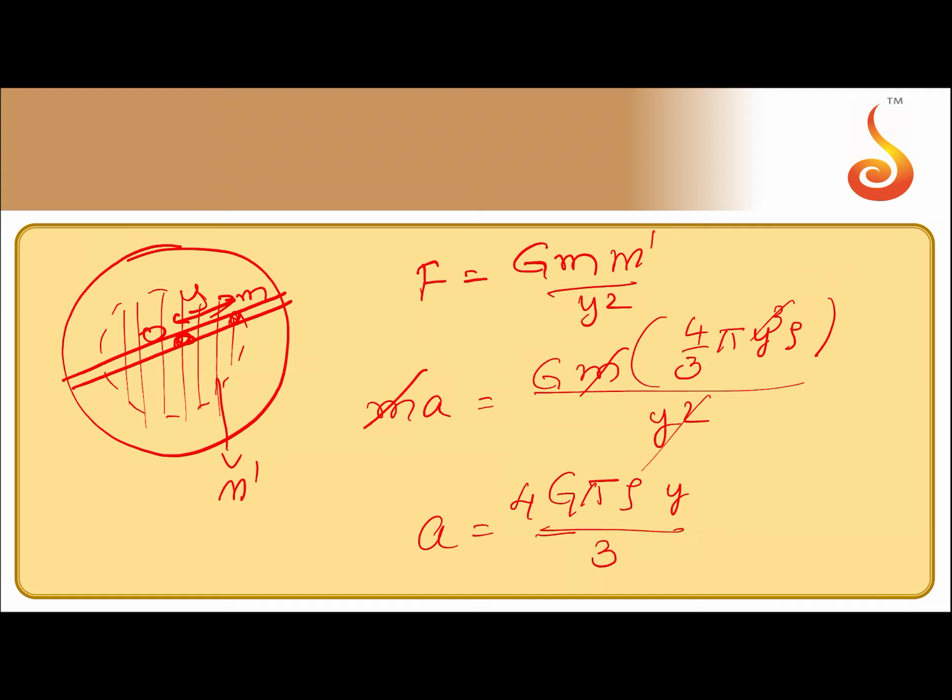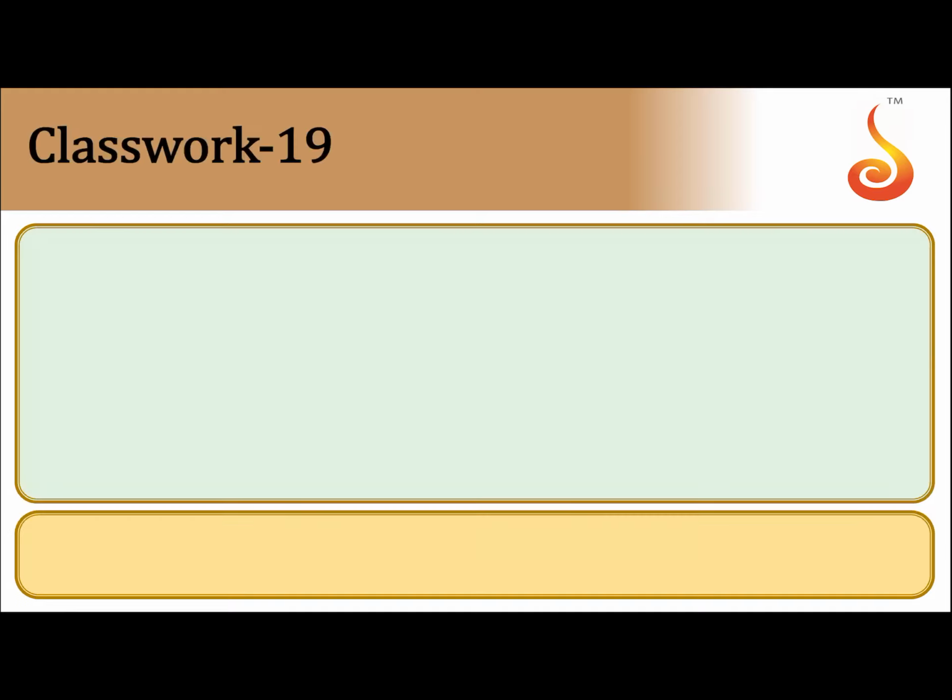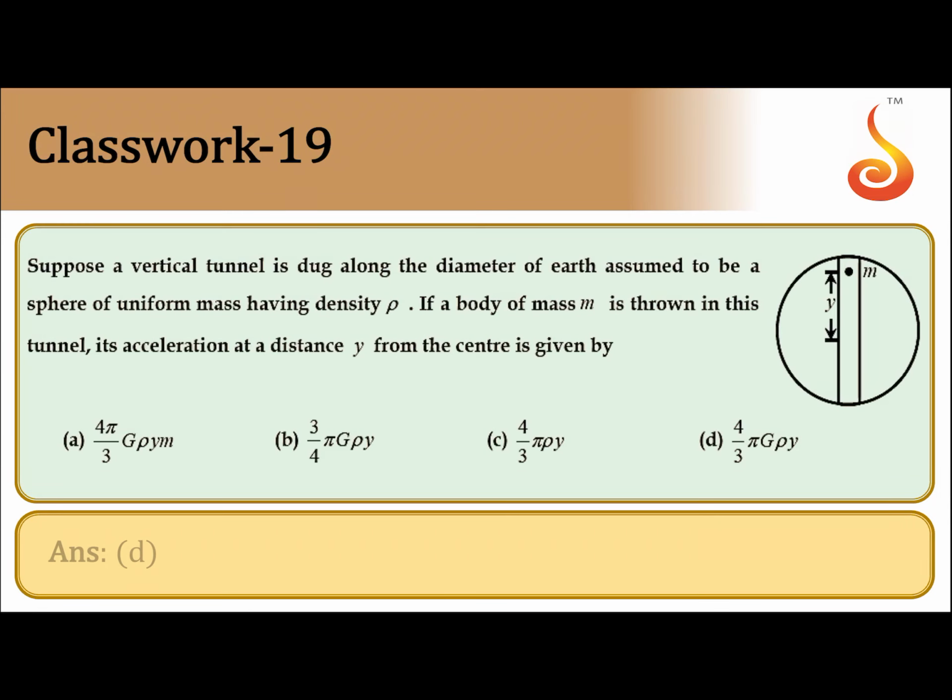That is, 4 by 3 pi G rho y, or it's directly proportional to y. So acceleration is directly proportional to y, and of course that acceleration is oppositely directed. As you can notice, it is a pulling force. So 4 by 3 pi G rho y.